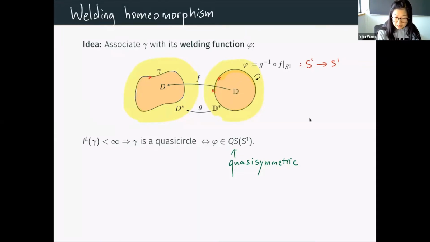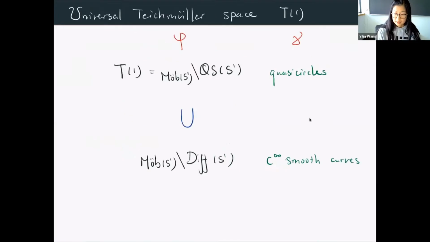However, we also saw that not all quasi-circles have finite Loewner energy. So this is a new diagram.